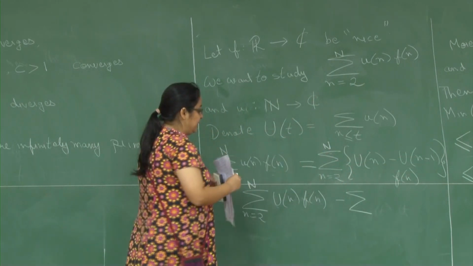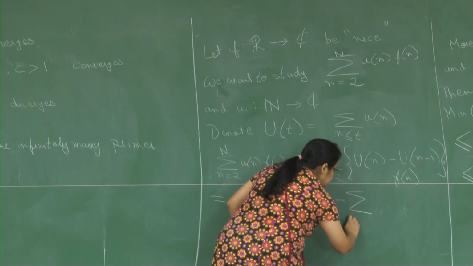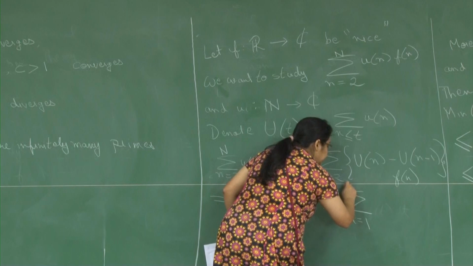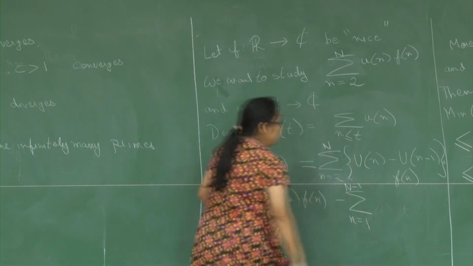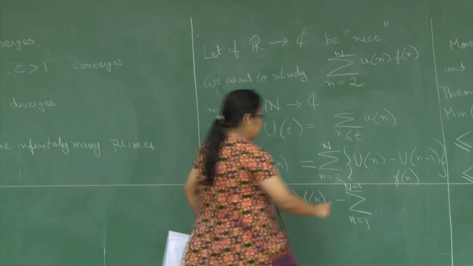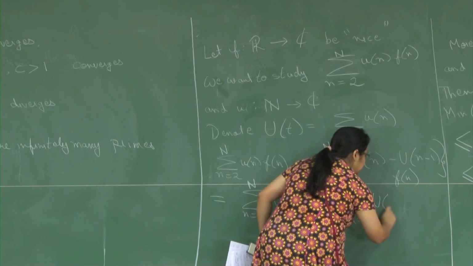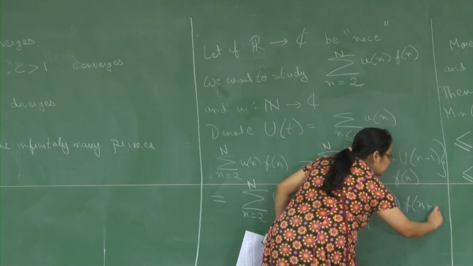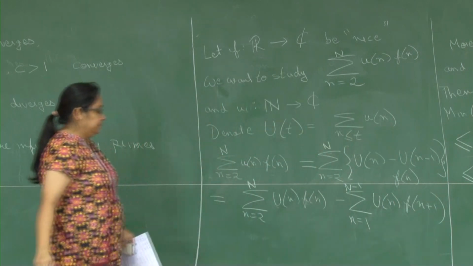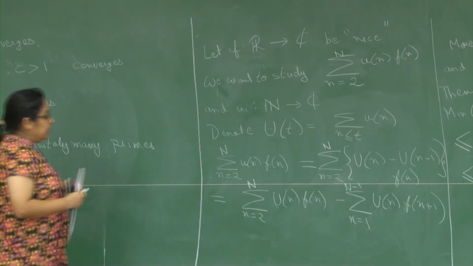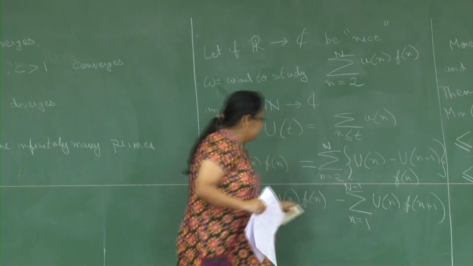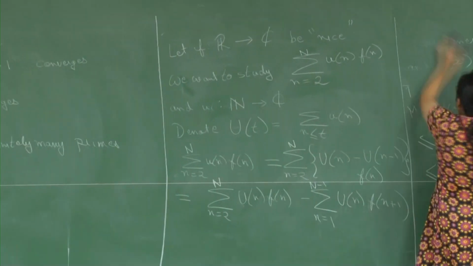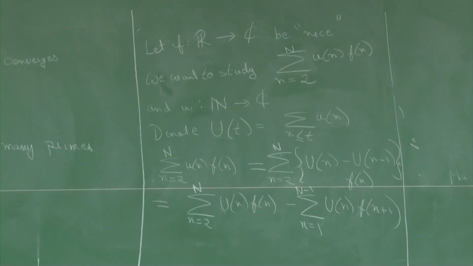I am just going to make a change of variable and let n go from 1 to capital N minus 1. So, whatever we are now left with is capital U of n times f of n plus 1. Now, there are many summands here which match, but some terms do not.